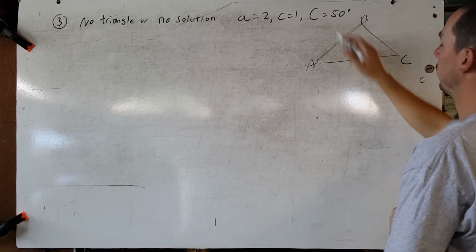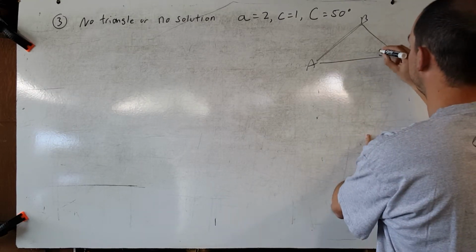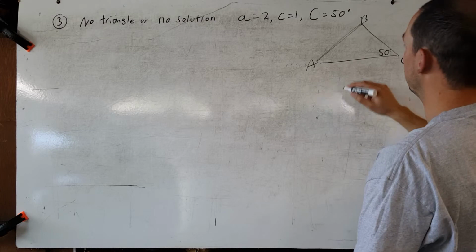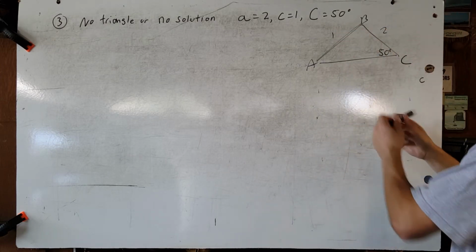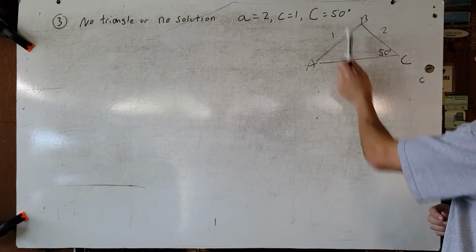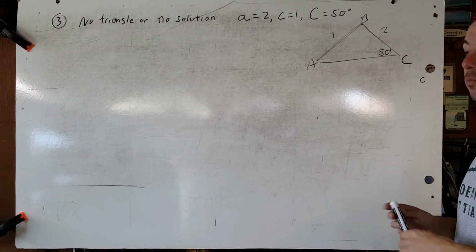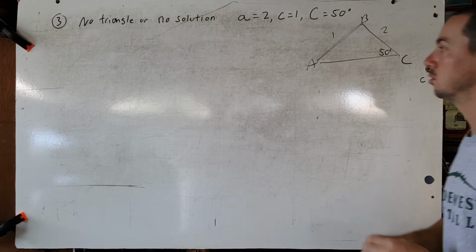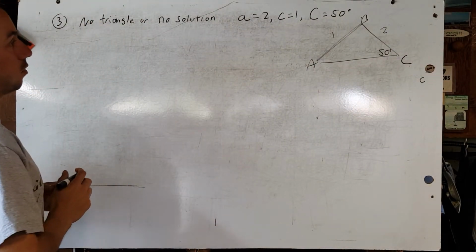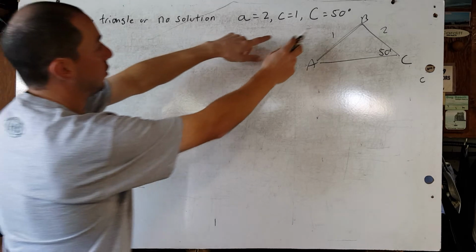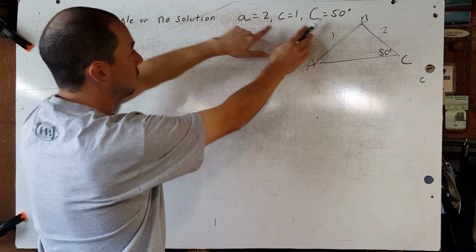And I have C is 50. A is 2, C is 1, and that's angle side side, or side side angle. Okay, gotta watch out. Maybe it's 1, maybe it's 2, maybe it's no solution. We've been given a pair, an angle and its opposite side, and another side.